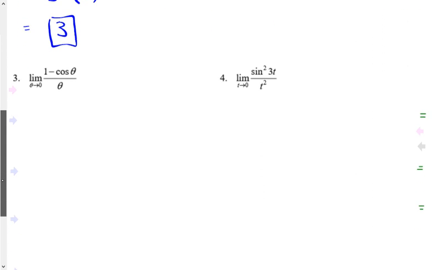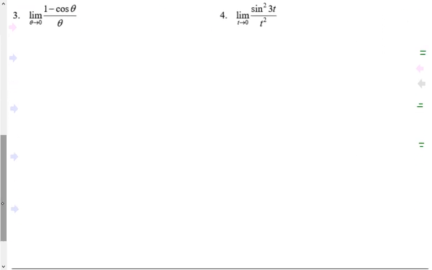Question number 3. Ooh, there are no sine thetas in this. But hopefully, Math 30-1 is coming back to mind. You see the 1 minus cos theta and you think, ooh, with a conjugate, I can turn this into a sine theta.